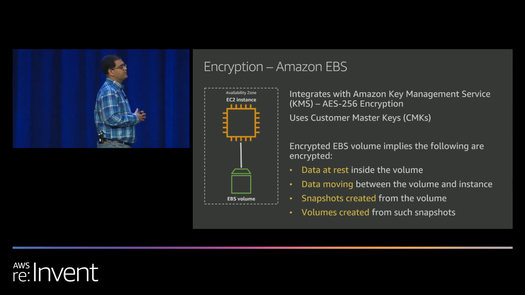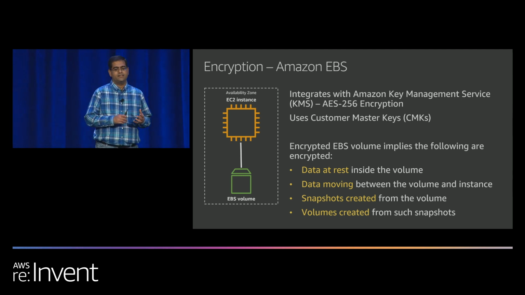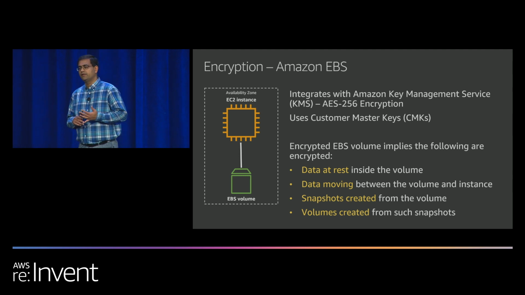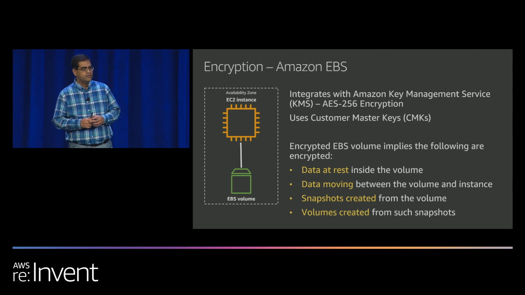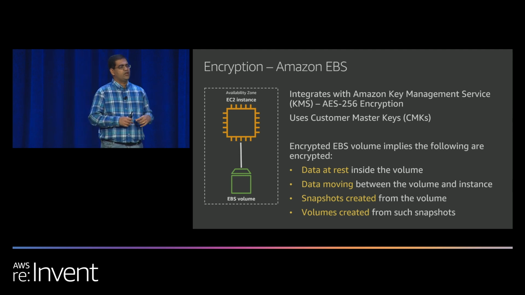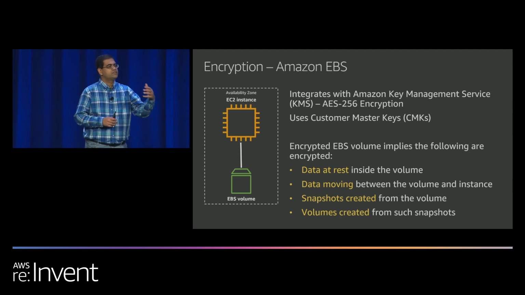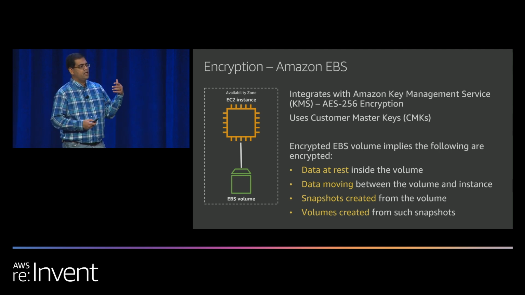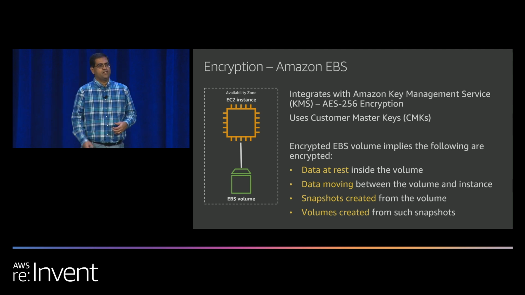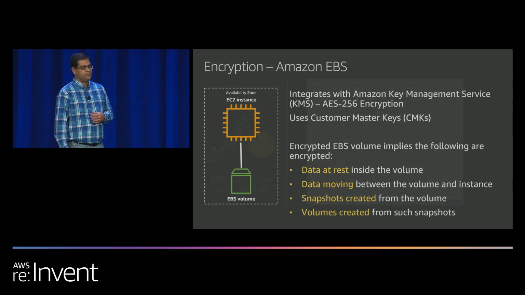When an EBS volume is encrypted, it implies that data at rest inside the volume is encrypted. Data moving between the volume and the instance is encrypted. Snapshots created from that volume are encrypted. And volumes created from encrypted snapshots are also encrypted. In other words, that boundary of encryption allows all these other capabilities to flow directly.